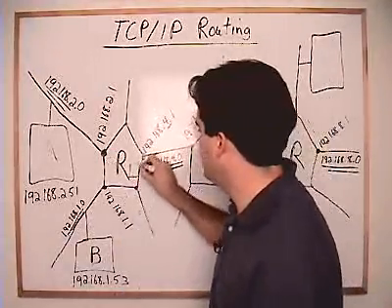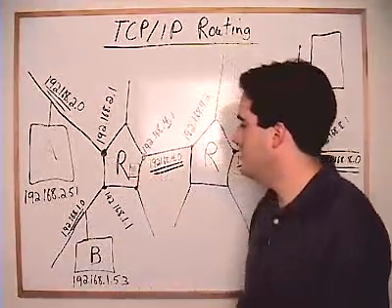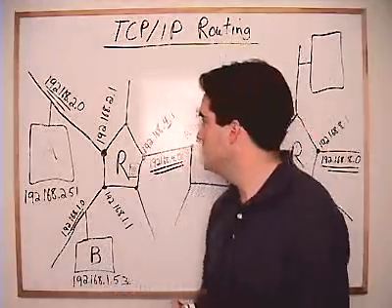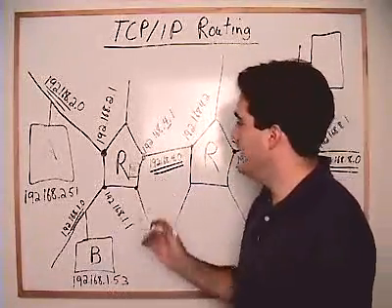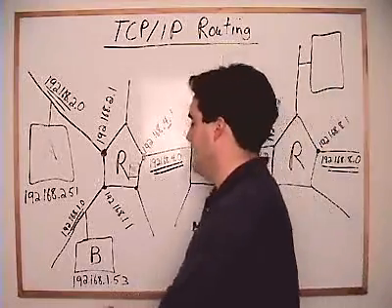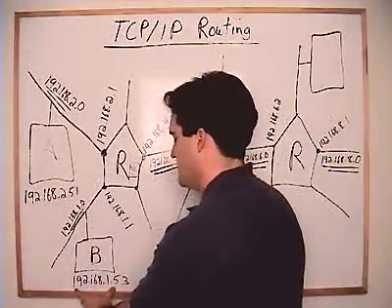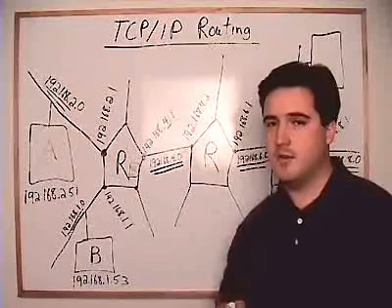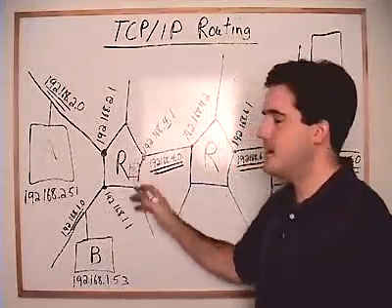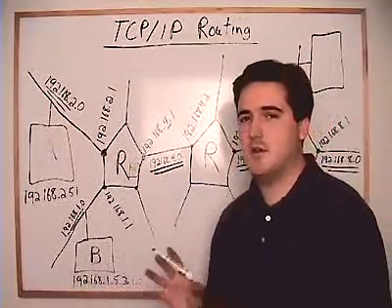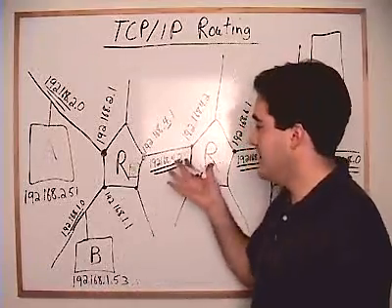The router will look at his route table and say, can I get traffic to the .1 network? Because what you've said is that I want to send traffic to the 192.168.1 network, and then once it gets there, we'll send it to host number 53. Well, the router, all he cares about is getting your packet to the right network. So he says, can I get it to .1?